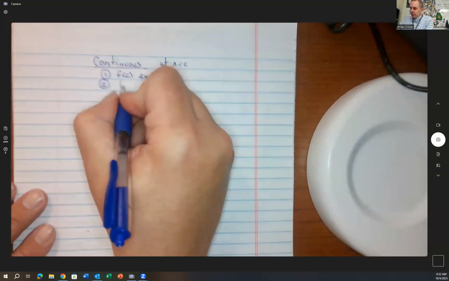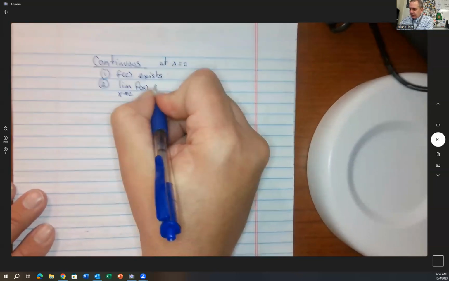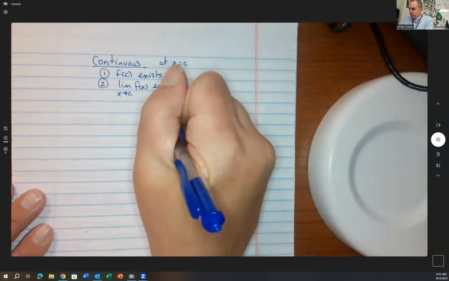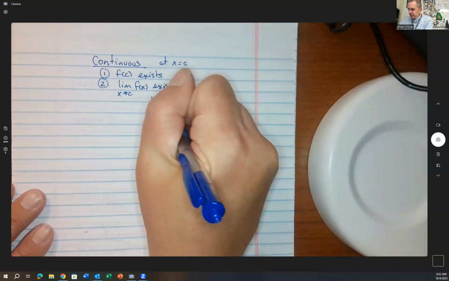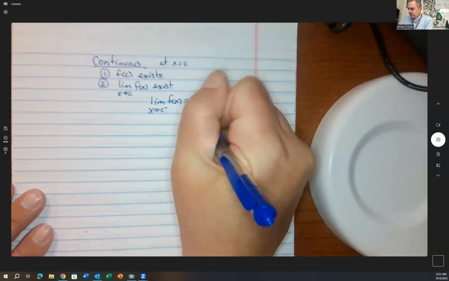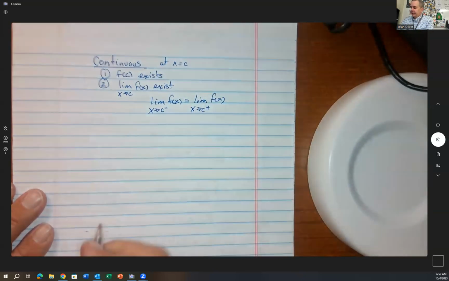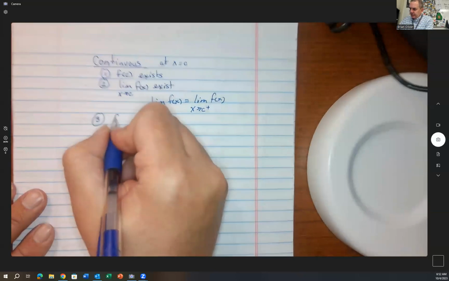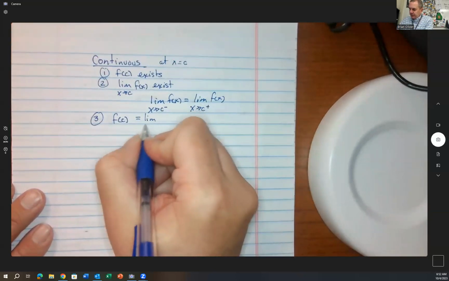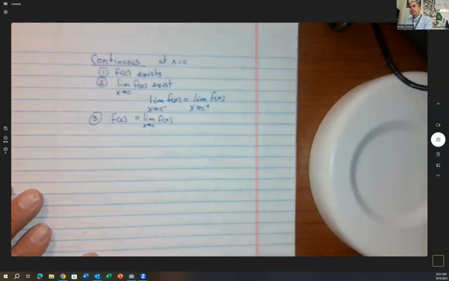Number 2, we're going to look at the limit as x approaches c of f of x, and that has to exist. And remember, anytime we do a limit, it's actually 2 questions. I'm looking at it as it approaches c from the left. It has to equal the limit as x approaches c from the right of f of x. And then the third thing is f of c, my answer from 1, has to equal the limit as x approaches c of f of x. That's how we prove continuous.